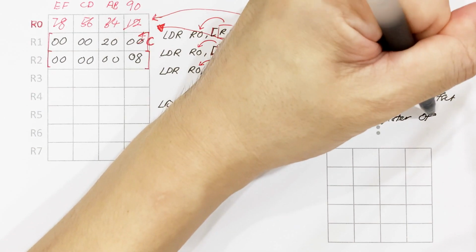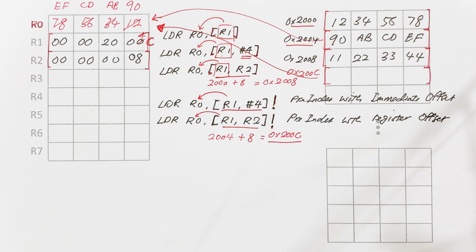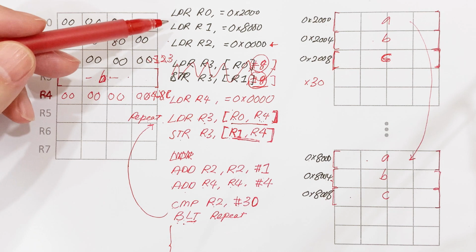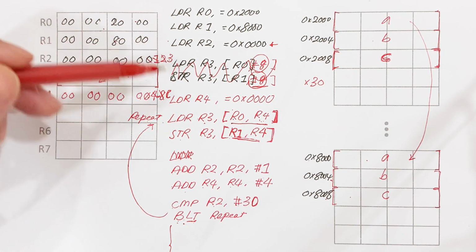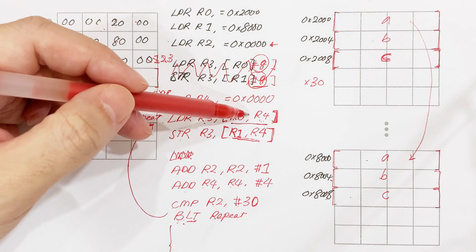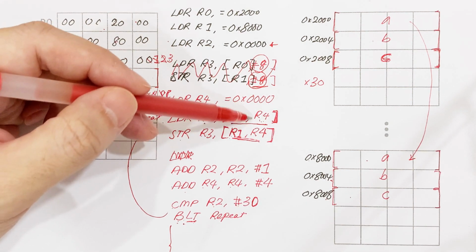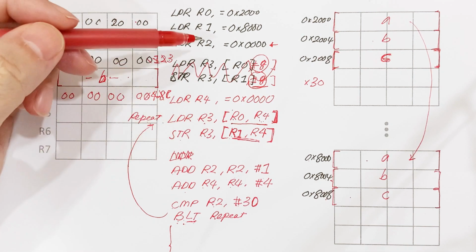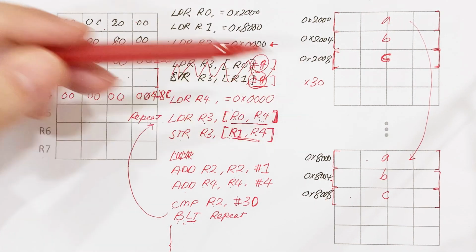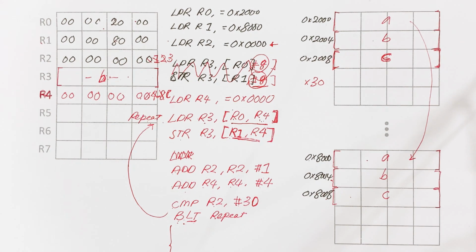So with that, we're going to redo the exercise that we had last video, but instead of using the register offset addressing mode, we're going to see how we could do the same exercise based on the new addressing mode, which is preindex offset.